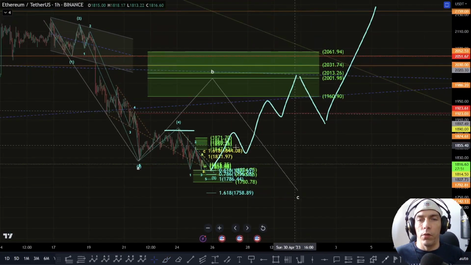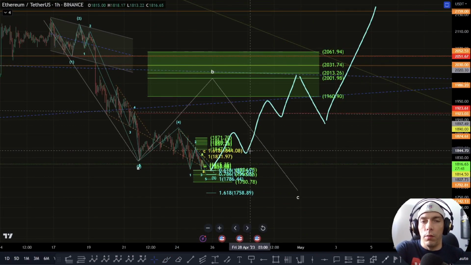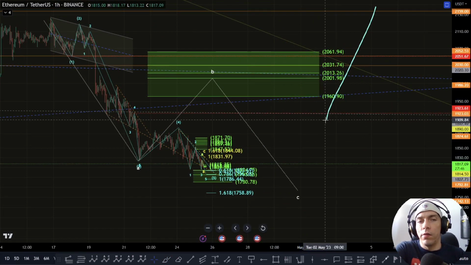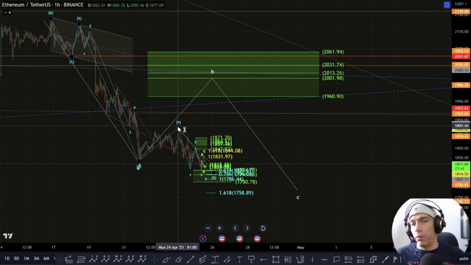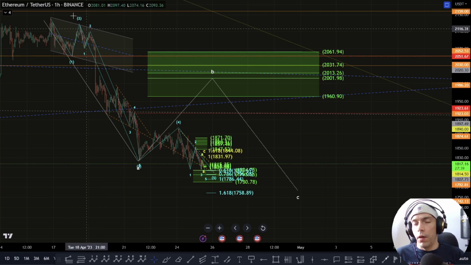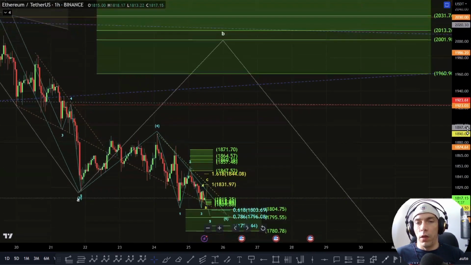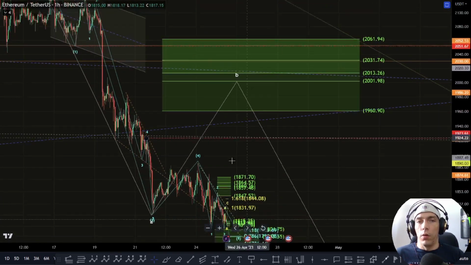We need to get back above those key levels for confidence that we are looking to continue, at least taking out some of the interim swing levels here, getting above some of these key zones again, and then actually looking to move to the upside.